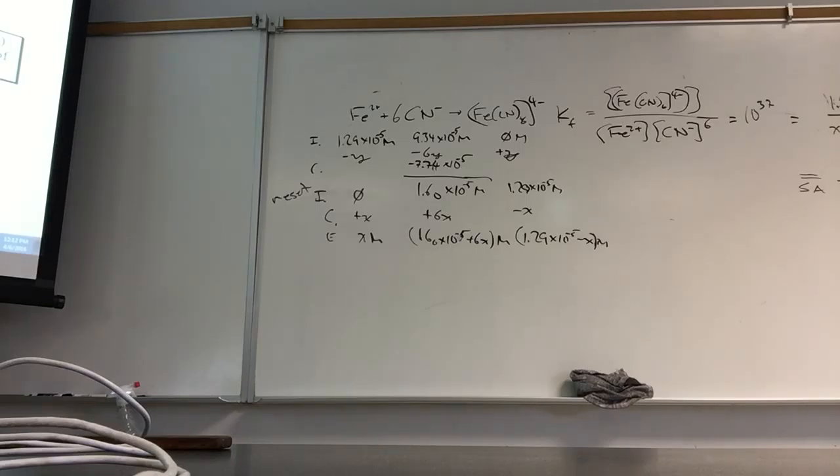Oh, solution dilution. It was because you're mixing two things together. You've got to do solution dilution. So it went from 1.3 to 1.29 because we added some more liquid. That's fine.